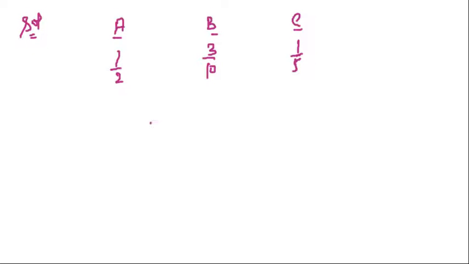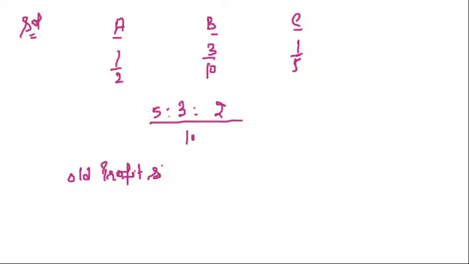So if you take the common denominator, this comes to 5:3:2. Therefore, the old profit sharing ratio comes to 5:3:2, right?